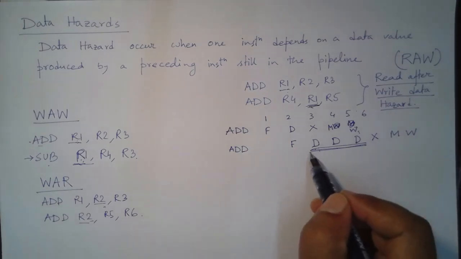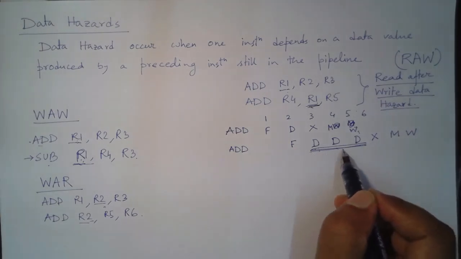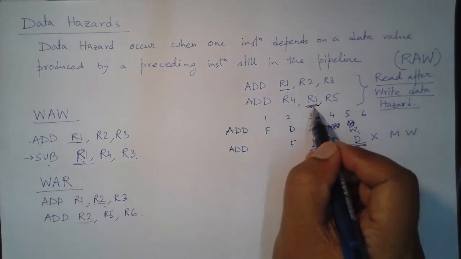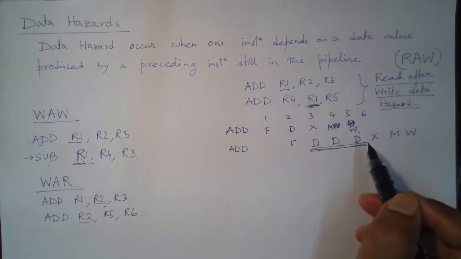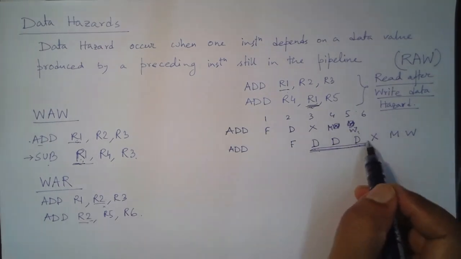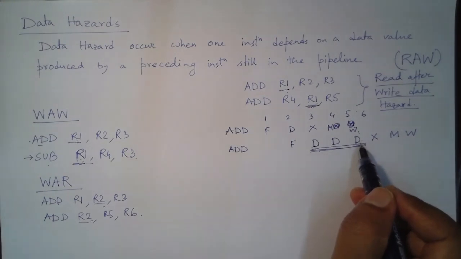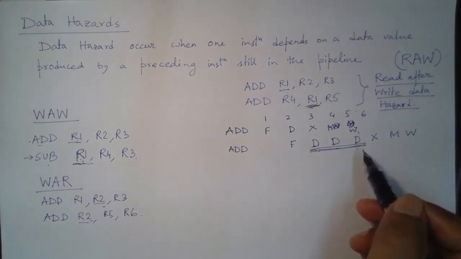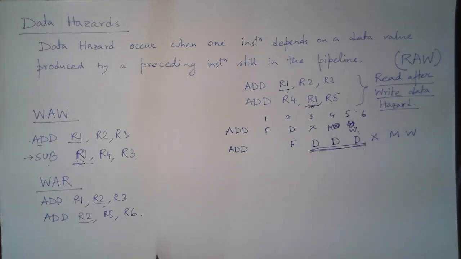So basically you make sure that you don't proceed till the correct R1 value is available, and once that value is available, you proceed further. Now how do you enable it? There are hardware approaches. We'll talk about it in a few minutes.